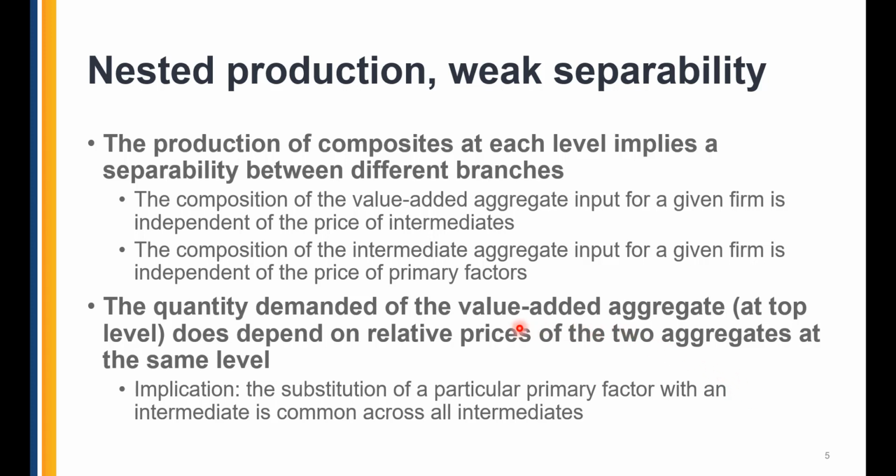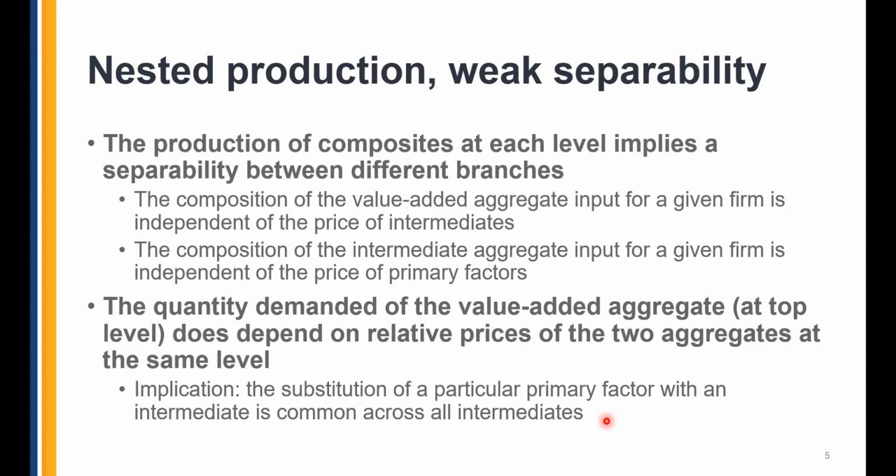So we should just indicate then that the quantity demanded of the value-added aggregate will of course depend on the relative prices of those two aggregates. And so the implication would be that if the price of intermediates, or let's say the price of value-added, labor or capital, or both, start to fall, then the price of value-added falls, and that means the price index at the top level for value added must be falling, or is likely falling if those are large shares in the total cost.